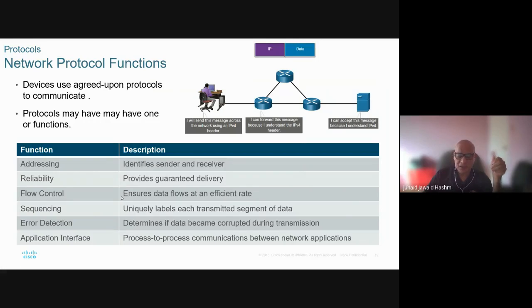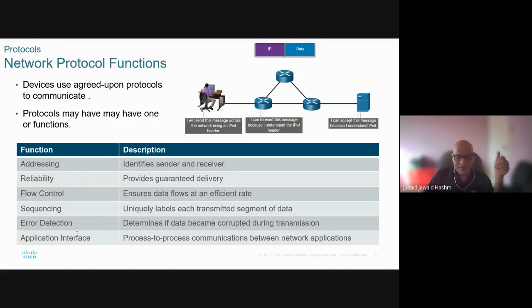And these are the things that protocols are responsible for. Most importantly, addressing, so they identify the sender and the receiver. They also provide reliability on the network. Flow control, so that data flows at an efficient rate.